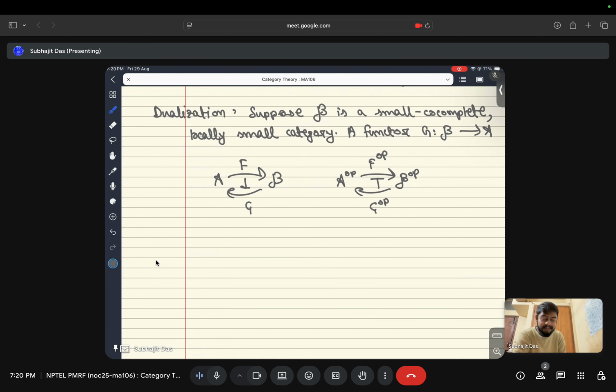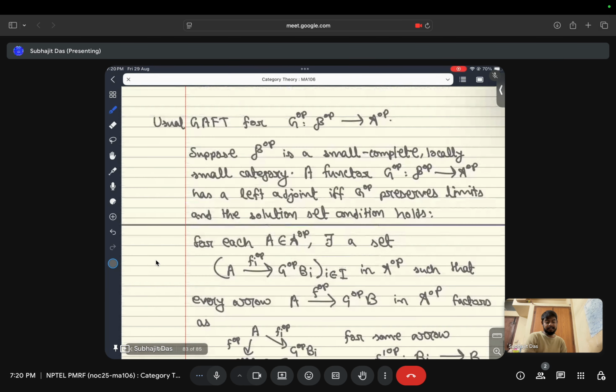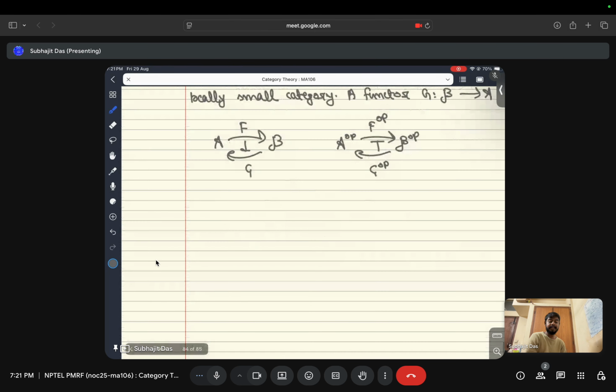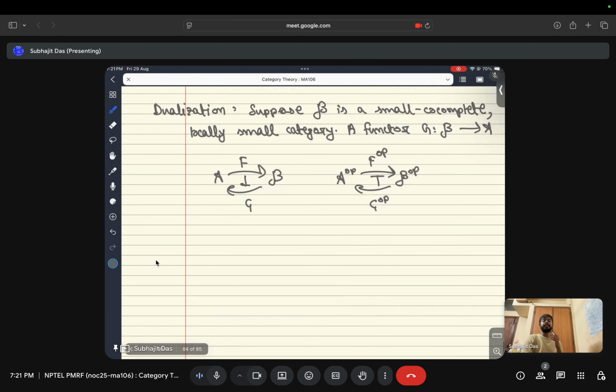But now for F op, there is an adjunction in which F op becomes the right adjoint and G op becomes the left adjoint. So if G op has a left adjoint, this would mean that G should have a right adjoint, right? That is, in other words, if F op is a left adjoint of G op, then F should be a right adjoint of G, right?